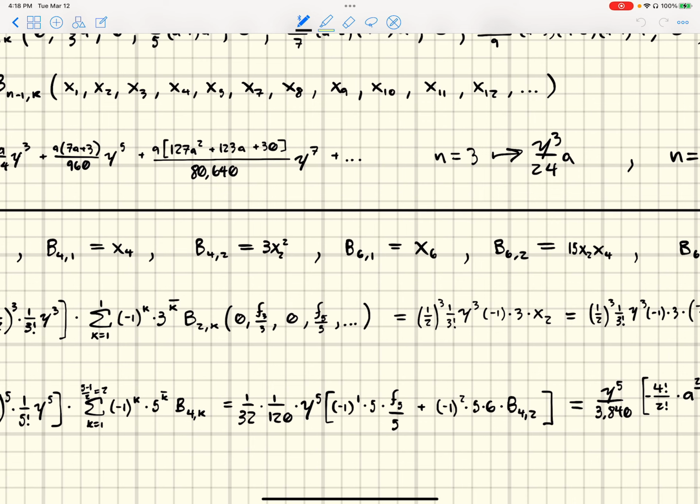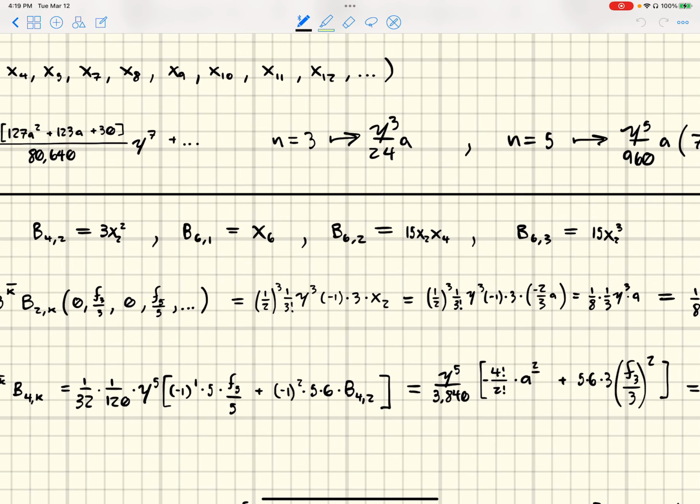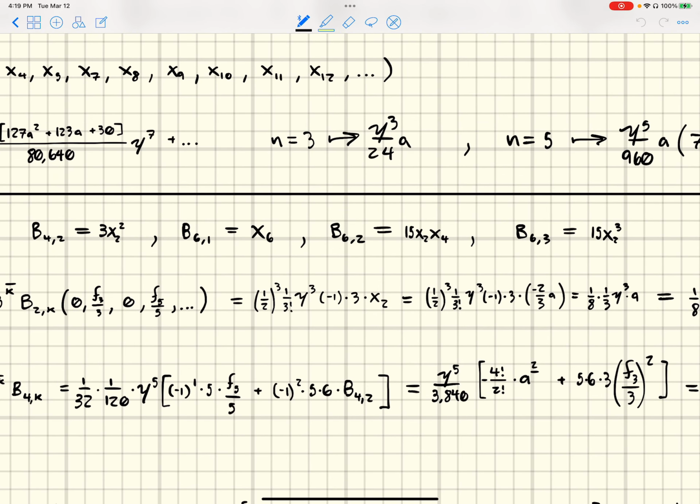We recall that every time you have a partial Bell polynomial B sub n,1, you just get the x sub n entry of that Bell polynomial. So here we get the x sub 2 entry, which turns out to be f sub 3 divided by 3.